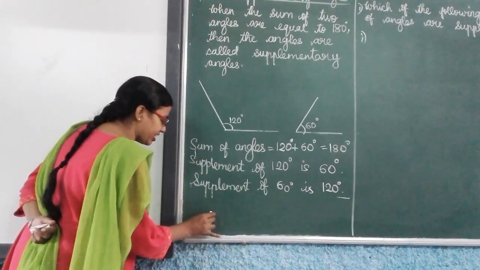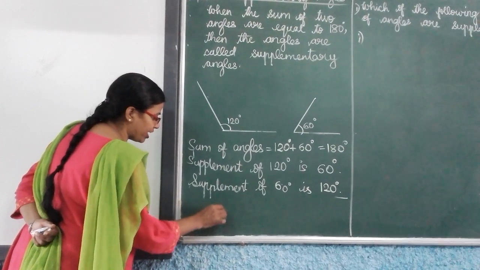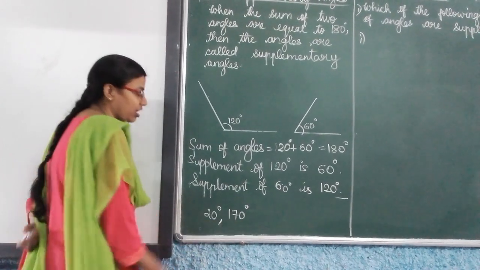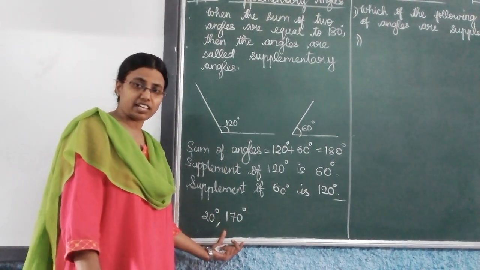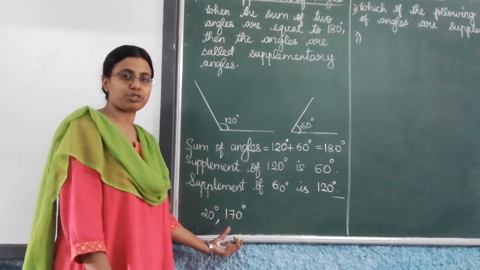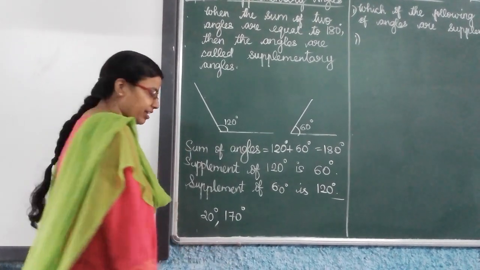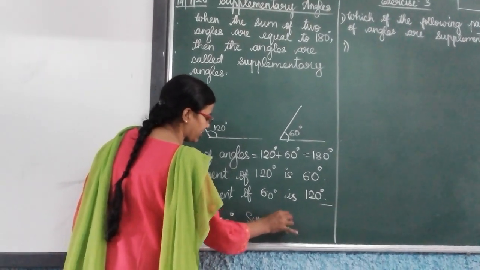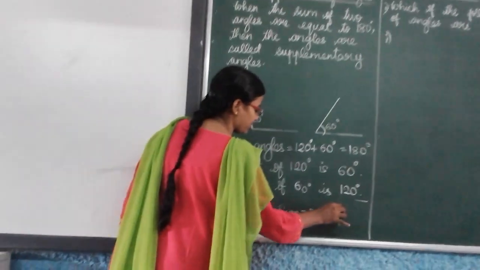Let us take an example of 20 degrees and 170 degrees. If the angles are given like this, what is the first step you should do? Yes, sum. This is equal to 20 degrees plus 170 degrees.